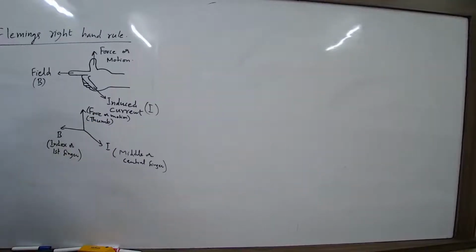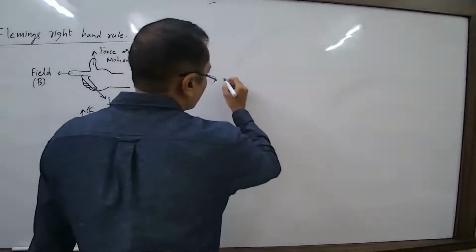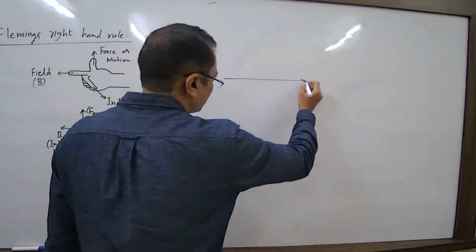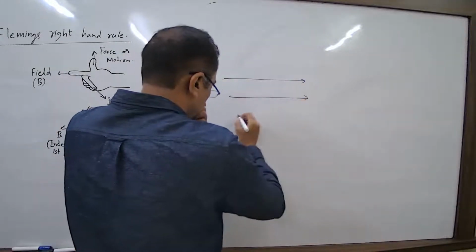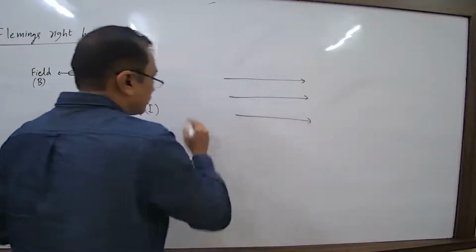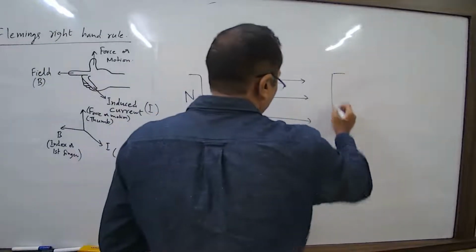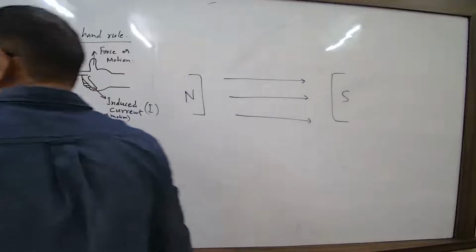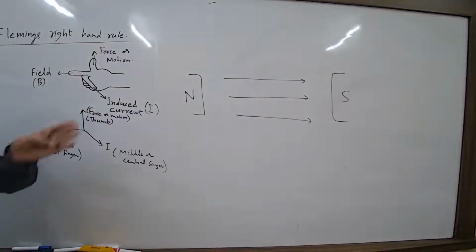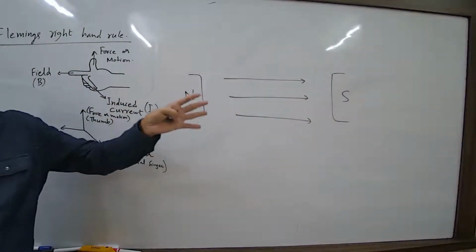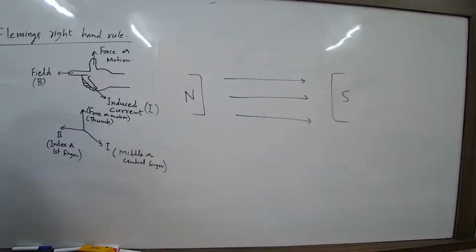Okay. So to illustrate, suppose you have magnetic field in this direction. So what should be the magnet here? North and south, correct? Because from north field lines will emerge and enter into south.